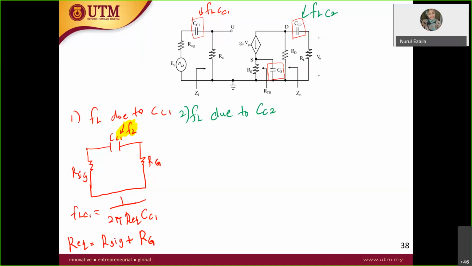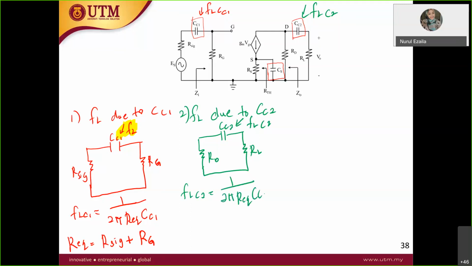If we draw the circuit, it will look like this. So you have RD, CC2, and RL. This is RD, this is RL. So what you see from here, the FLC2 is equal to 1 over 2 pi R equivalent CC2.